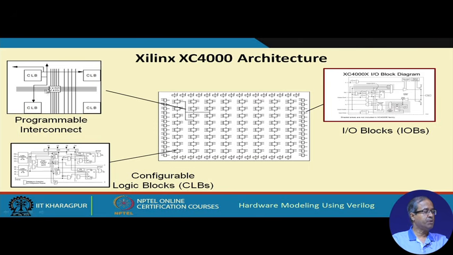By again programming these switches here, I can make connection from one block to the other as per my requirement. So, whatever design I have, I can map them on to this fabric and I can program them in such a way that appropriate functionality and appropriate interconnections are made. So, that whatever circuit I want to implement, that gets implemented on the FPGA chip. Okay. This is the basic function.